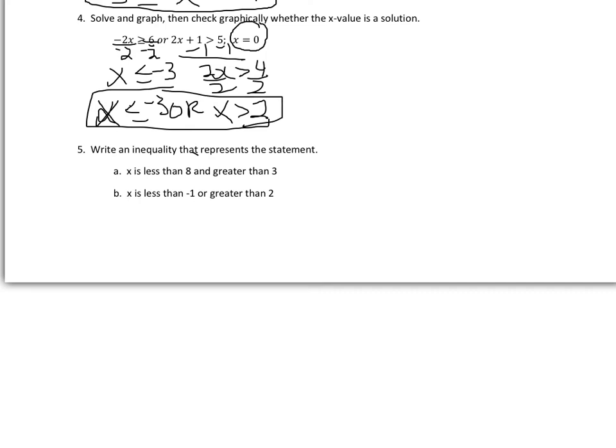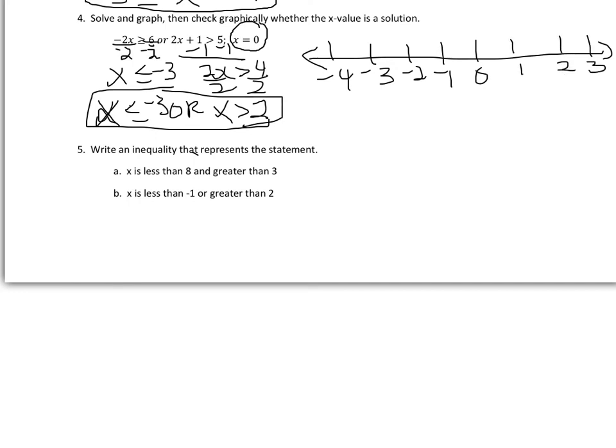All right, and then I graph this on a number line. Let's see, start down below -3, and we've got to go all the way up to cover 2. So for x is less than or equal to -3, we'd have a closed circle on -3. And x is less than that, so that would be an arrow to the left.